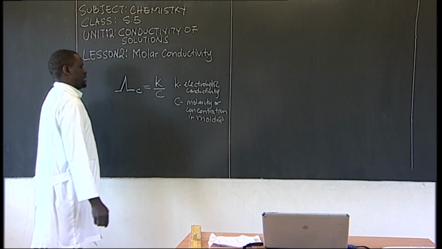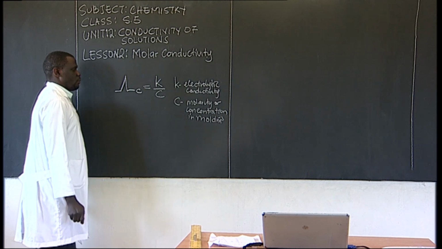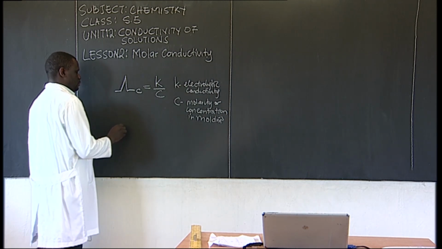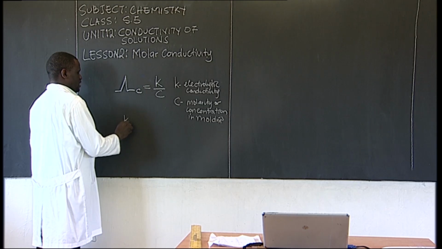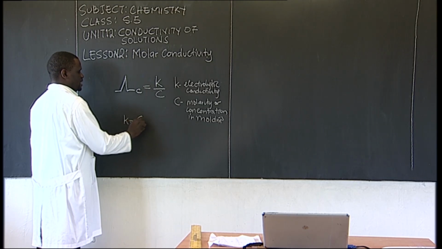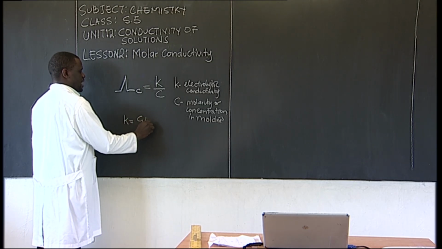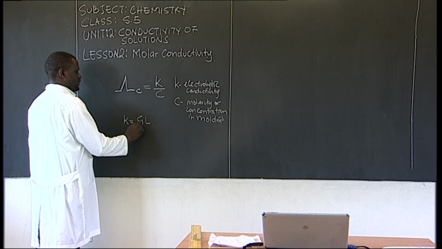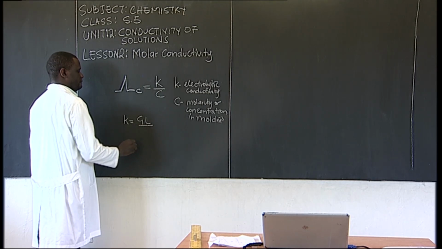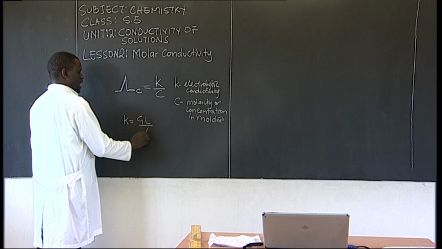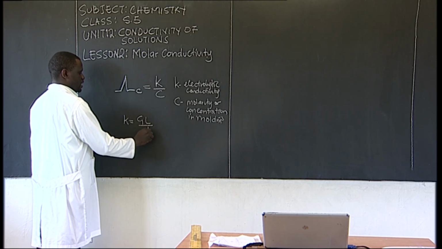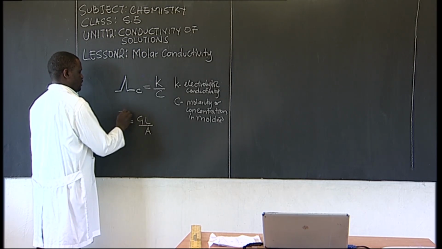But if you remember very well, K is equal to conductance times L, which is the distance between the plates, divided by the cross-sectional area.